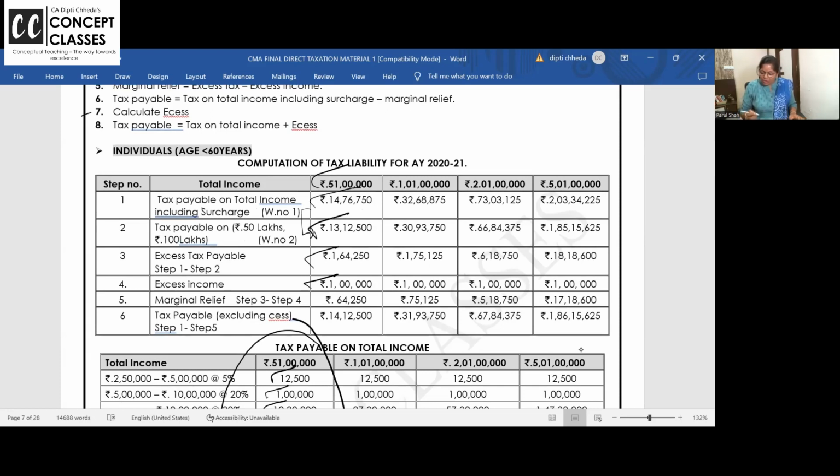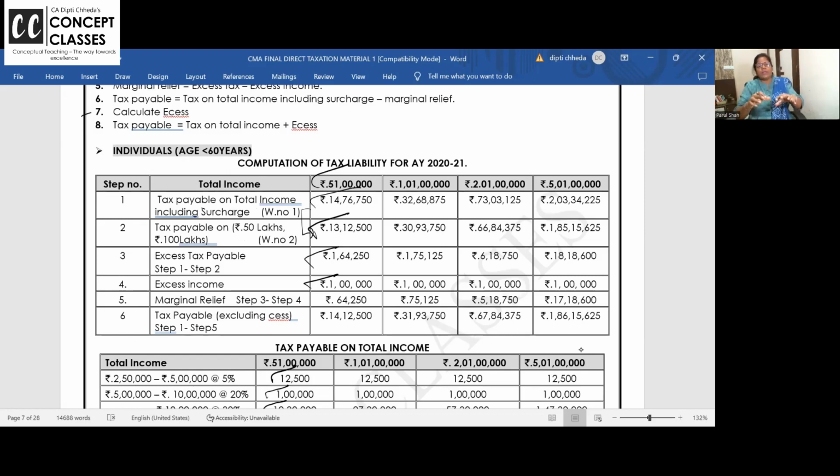1 lakh. Now take a pause and look at the screen. Isn't it absurd? Just because my income exceeded by 1 lakh, instead of 50, I am earning 51 lakh, and I am ending up paying 1,64,250 extra tax. Can tax be more than my income?